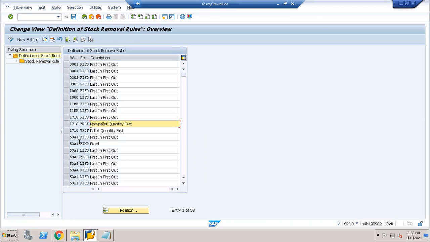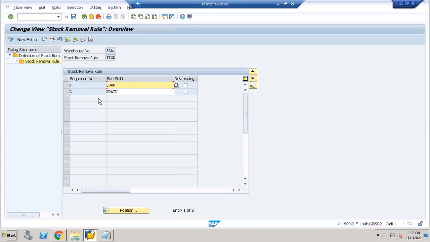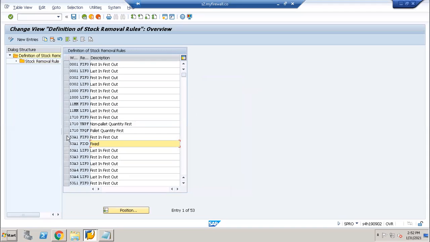We have different activities. One more option we have is the fixed bin, a specific fixed quantity, and WDATU. And also LIFO. We know that in cement industries or other consumer industries, sometimes we follow the concept of LIFO, last in, first out.